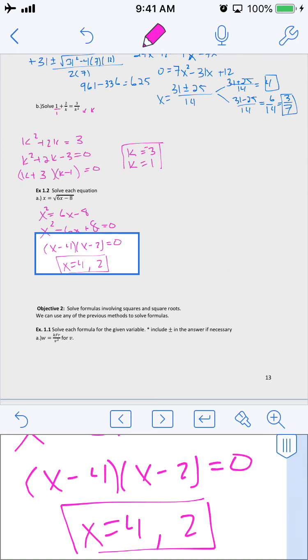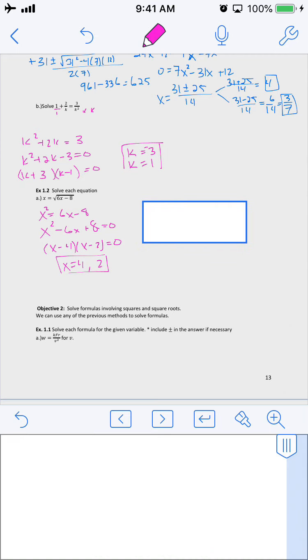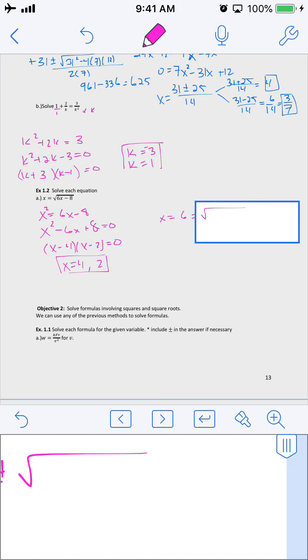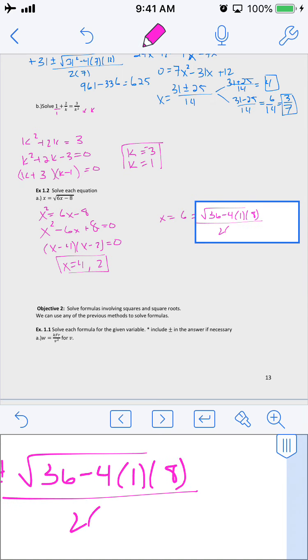Okay, but we could do the quadratic formula, right, and just prove it to you. X is equal to minus b plus or minus the square root of b squared minus 4ac all over 2a.